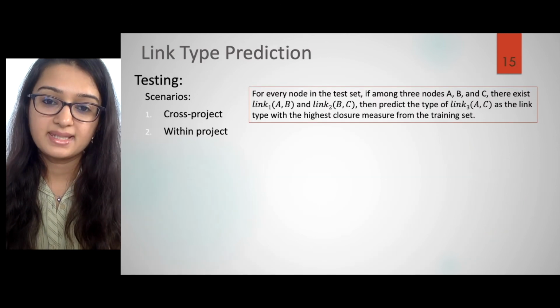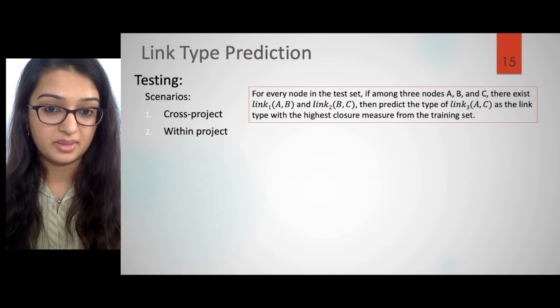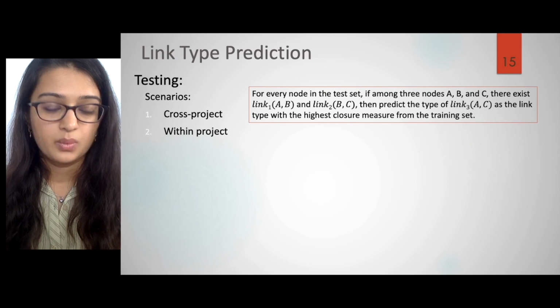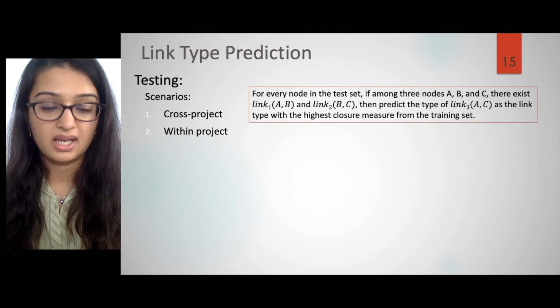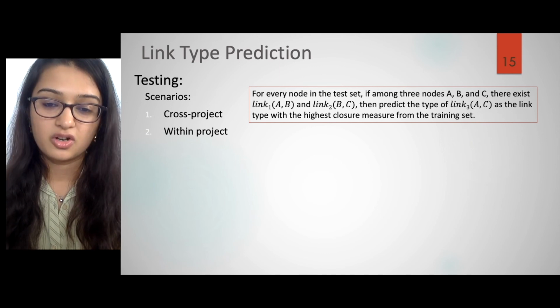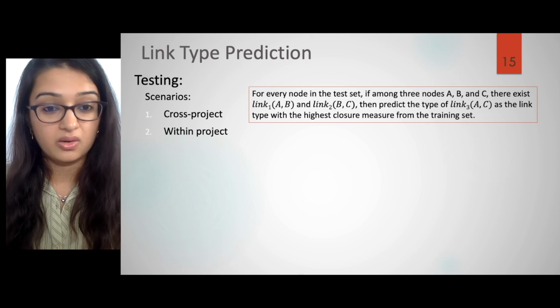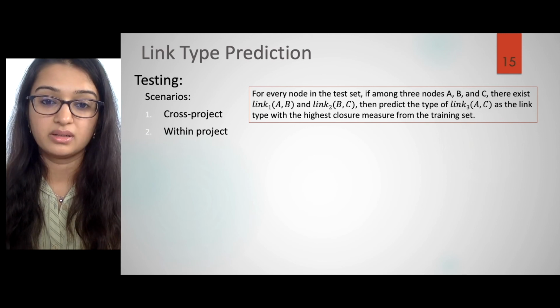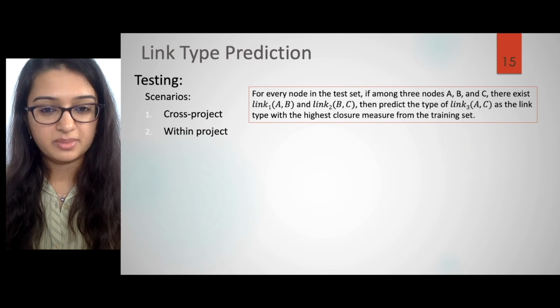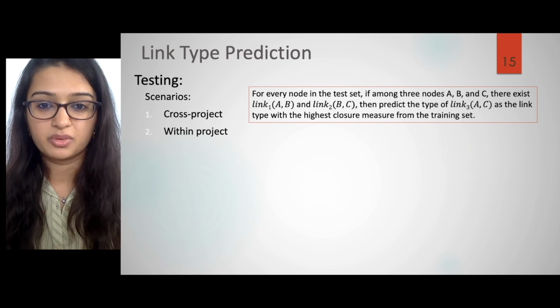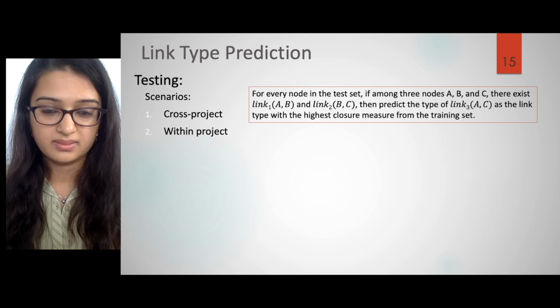To perform testing of triadic closure as a link type prediction mechanism, we perform testing across 2 scenarios, cross-project and within project. Cross-project indicates we treat all the issues in our dataset as one large network. Within project is where we perform our experiments for each of the projects and their networks.